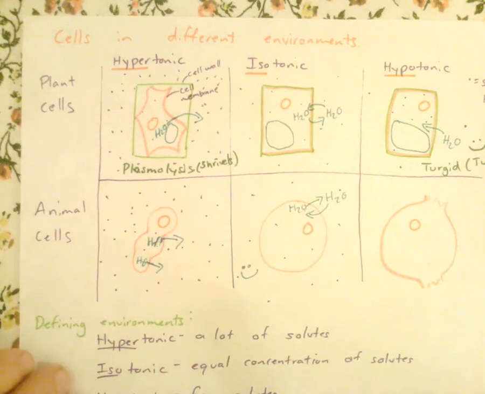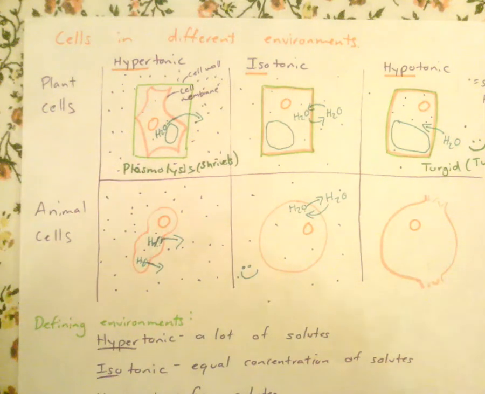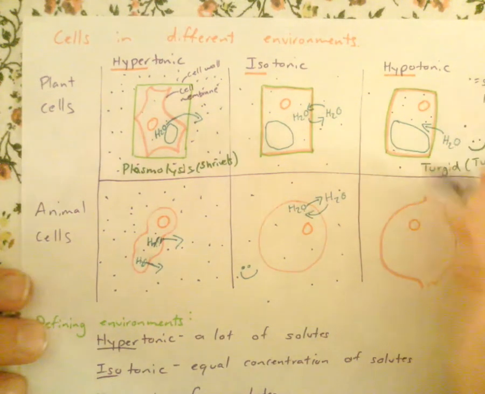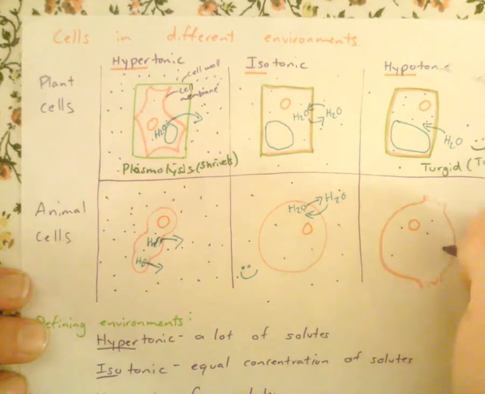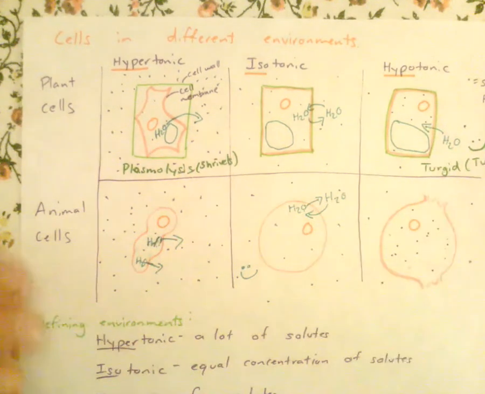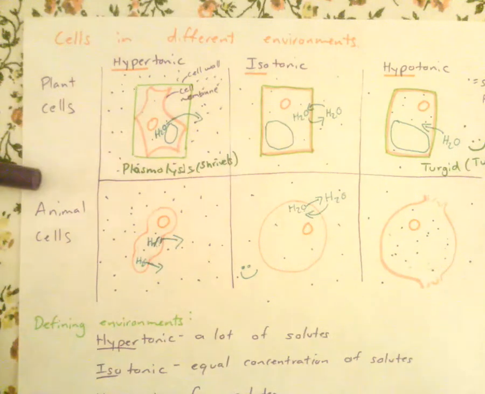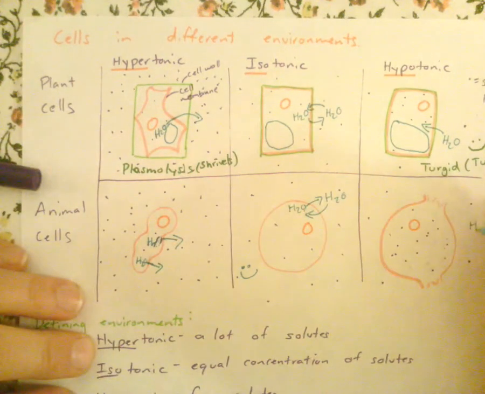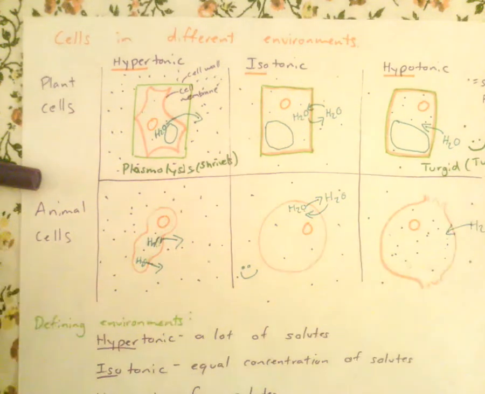On the far end, we see that our cell is in a hypotonic environment. So in this case, there's a lot more dissolved particles within our animal cell than there are on the outside. In this situation, water is going to be flowing into our cell. So lots of water moving into the cell.